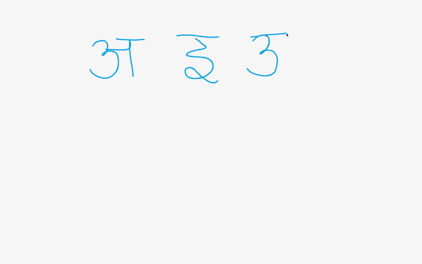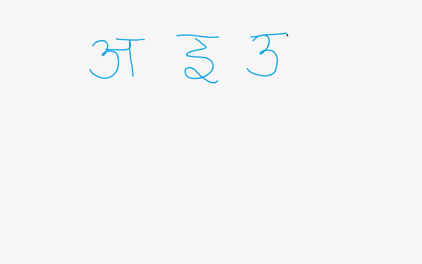So we saw the swaras or the vowels. I'm just writing it. You should know that the three base, foundational swaras are A, E, U. Should we mute our system?